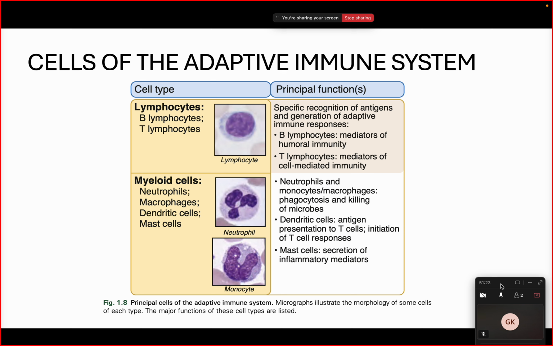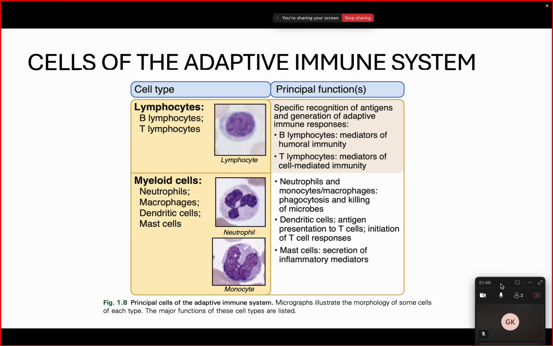So, what are the basic cells which are involved in the adaptive immune response? First type is called lymphocytes. They are B lymphocytes and T lymphocytes. And then we have myeloid cells. So they are neutrophils, macrophages, dendritic cells, and mast cells.